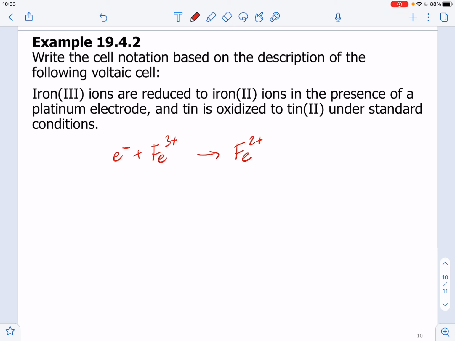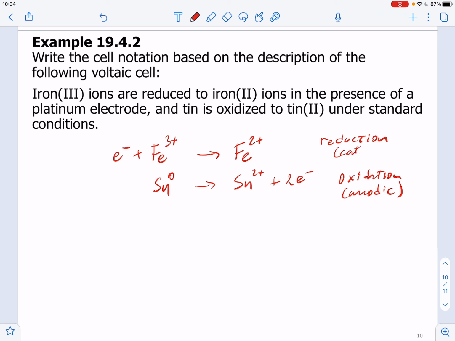And then tin is oxidized to tin 2 plus, so we have 2 electrons here. Okay, so this is the oxidation, this is the reduction. Therefore this is the anodic reaction, this is the cathodic reaction.